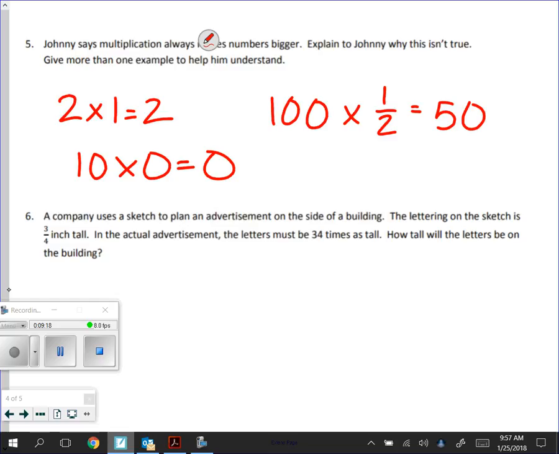So 34 times as tall as 3/4. Do you agree that that is how you would write it? On the paper, they're 3/4 of an inch. And in the advertisement, the letters must be 34 times as tall as 3/4 of an inch.